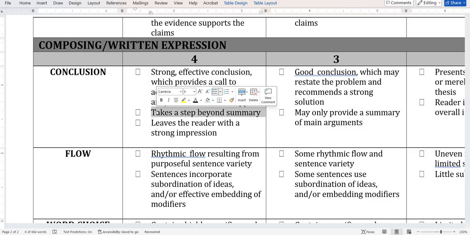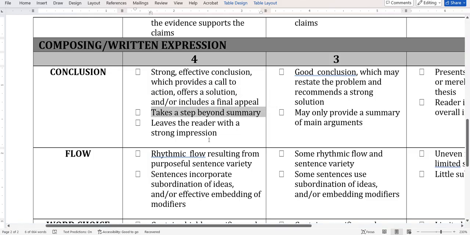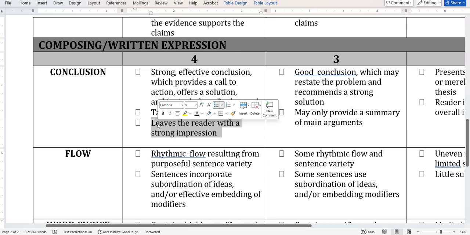Make sure that you're not just saying the thesis statement word for word. So go beyond summary, leave with a strong impression. That sort of mirrors the hook of the introduction. You want to go out with a bang the same way you started with a bang. So leave with that strong impression.